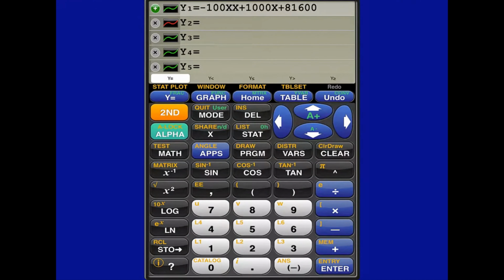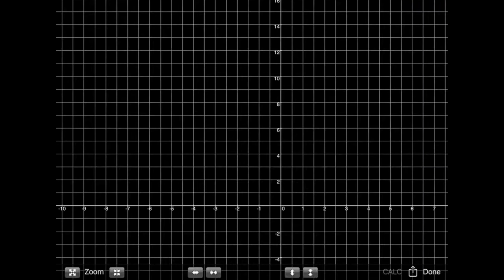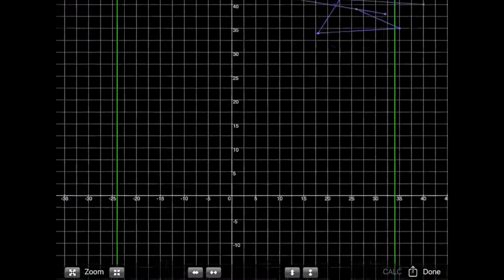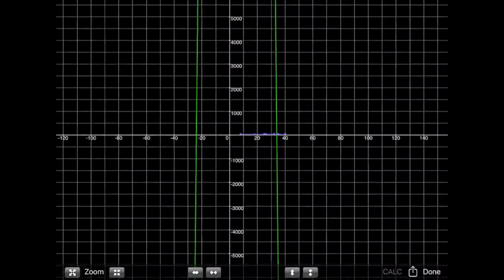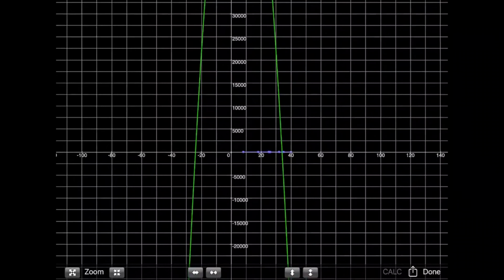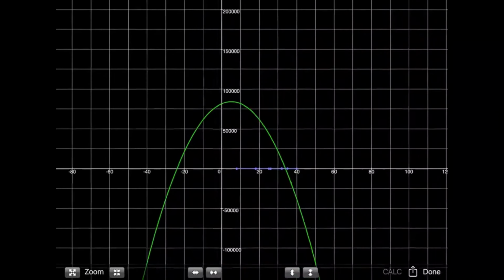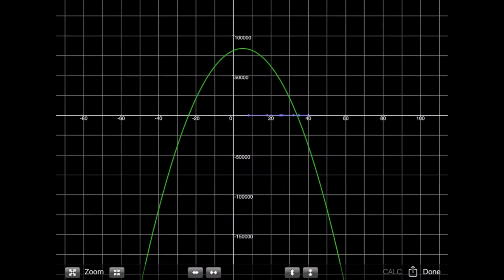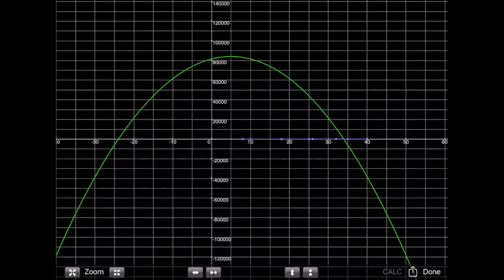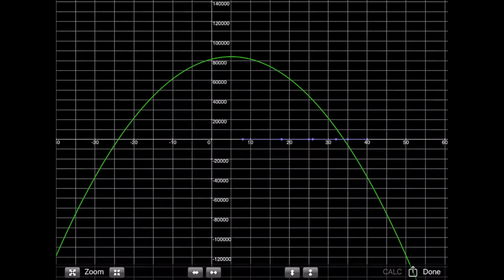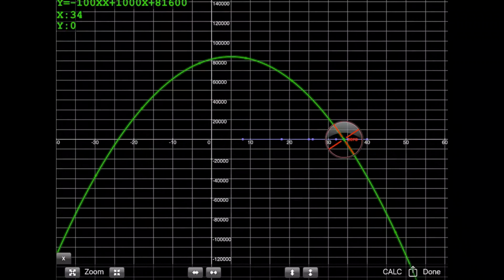And the neat thing about a graphing calculator is I press graph and I can just keep pinching until I get, well, when's that? It's changing the scales for me, if that makes sense. And so what I want to find is the two X intercepts. And that number is 34.